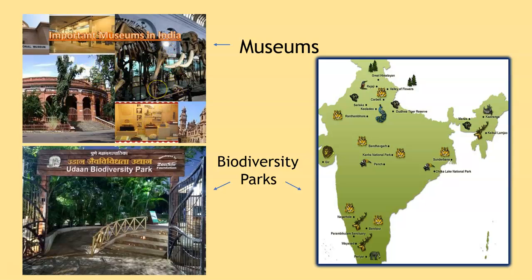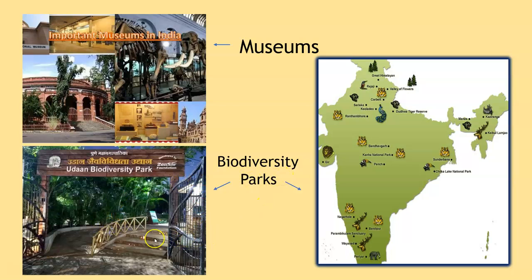So these museums help us to get a lot of knowledge about the extinct animals or the lost world. They help us to relate the animals in the past with the present, and help us to understand how evolution takes place.